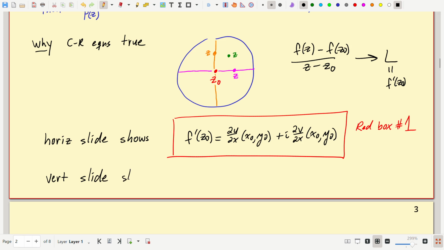The vertical slide shows f prime of z naught is equal to du/dx, which is equal to dv/dy at (x naught, y naught), minus i times du/dy.